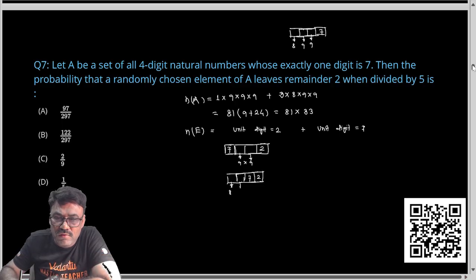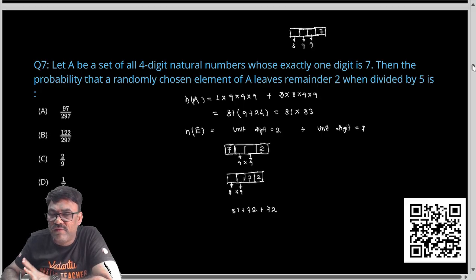And at this place I have 9 options. So 72 numbers. And similarly, 72 numbers you will get when you place 7 at the 100th place. So when the unit place is 2, you got 81 numbers plus 72 numbers plus 72 numbers again, 72 numbers when the 100th place is 7.